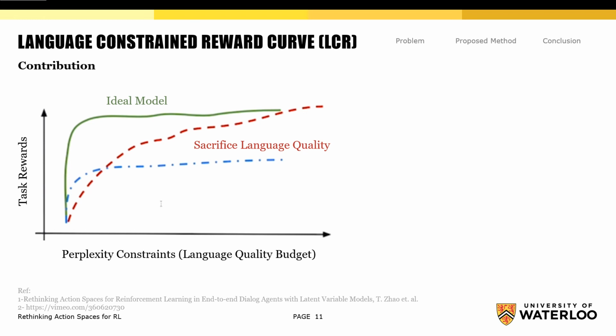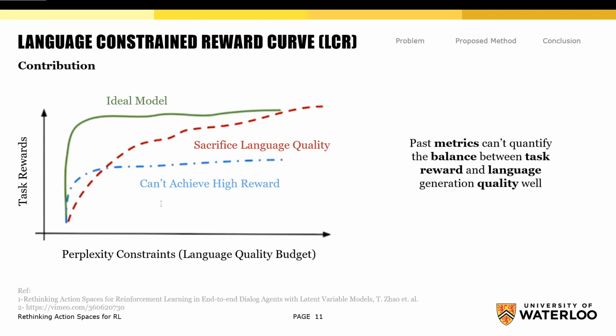The blue one is not good because it can't achieve the high reward that we are interested in, but it can respect the perplexity constraint that we have. It seems that all the past metrics don't keep this balance between the task reward and language generation quality, so they introduced this LCR curve.